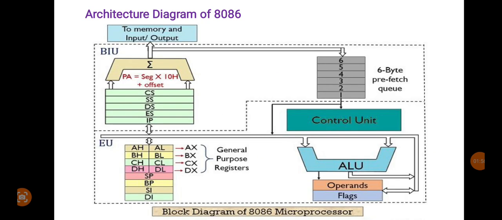This is the architecture diagram. At the top you have the bus interfacing unit. It has different segment registers, a 6 byte prefetch queue and control unit. In the execution part, it has general purpose registers, ALU, flags.